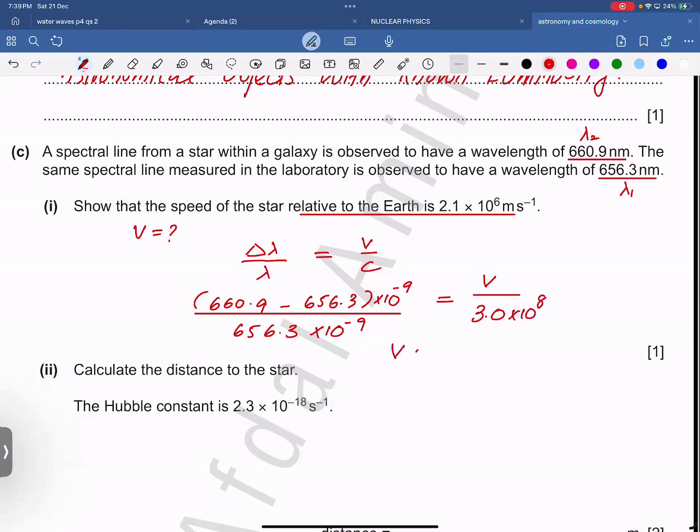You will rearrange and your answer will be 2.1 into 10 power 6 meters per second.